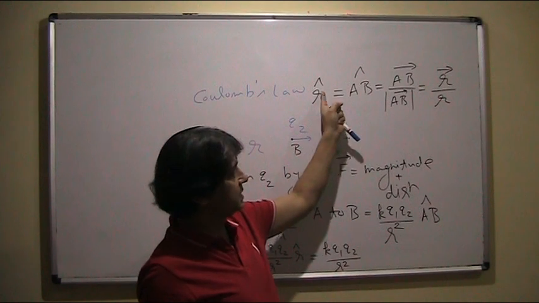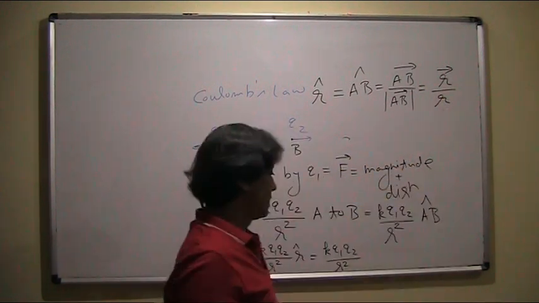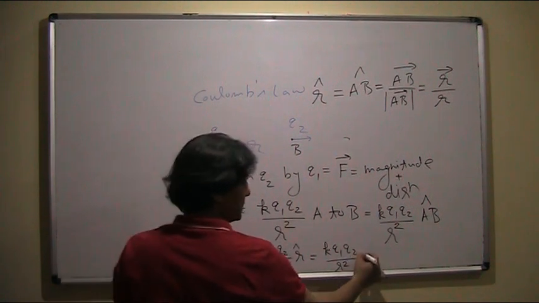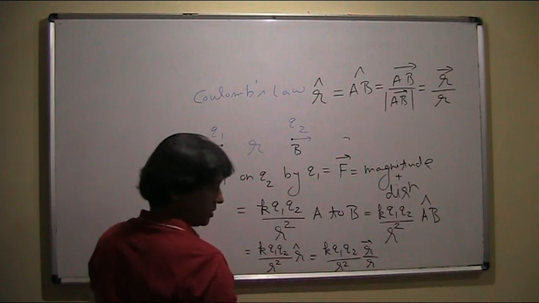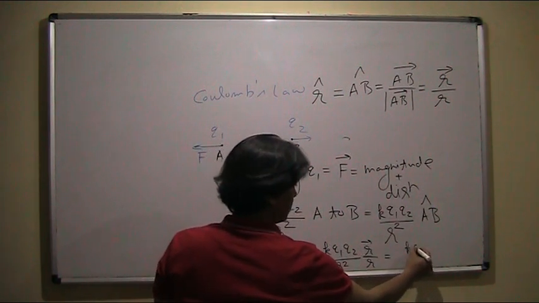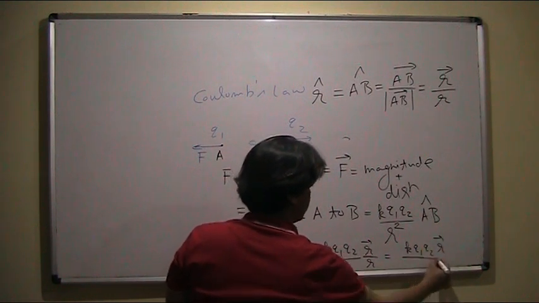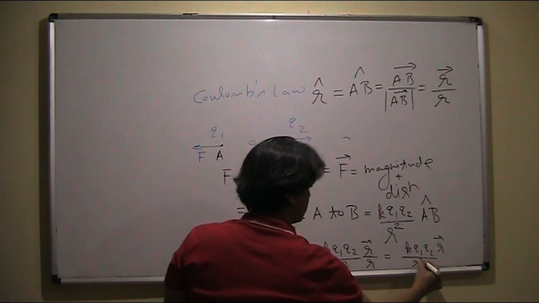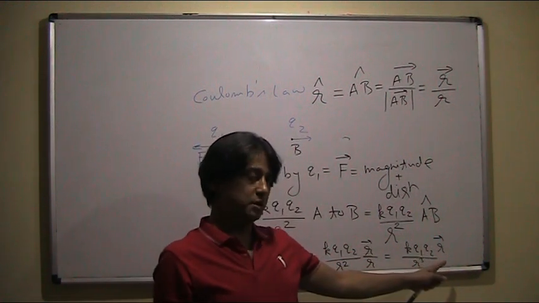R cap is nothing but R vector divided by its magnitude R. And therefore this R cap is R vector divided by R. Together with R square, you get K Q1 Q2 R vector divided by R cube. So this is the vector form of Coulomb's law.